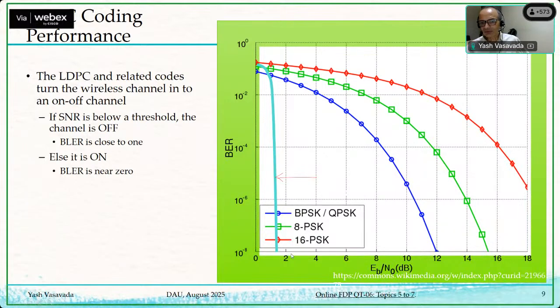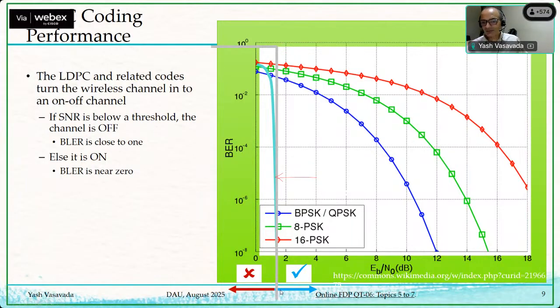What this light blue or cyan colored curve shows is the error rate of an LDPC code. Because of this cliff type of performance, if the SNR is on the left-hand side of this line that I have drawn, then practically all the messages that you send through this LDPC technique are not going to be received correctly. Basically, your link is inoperational.